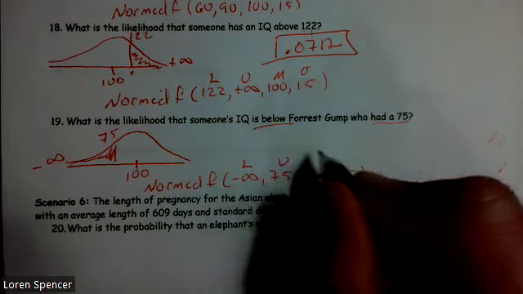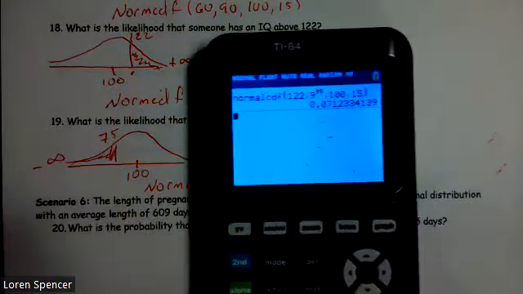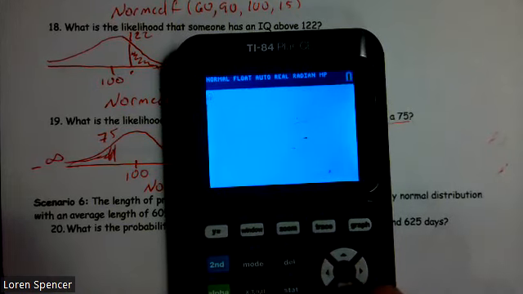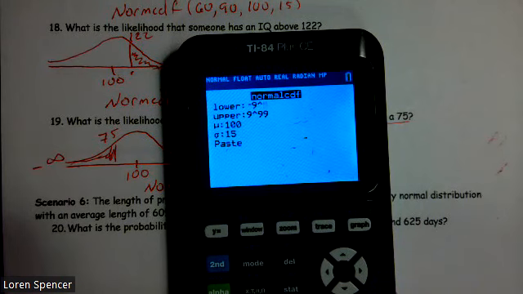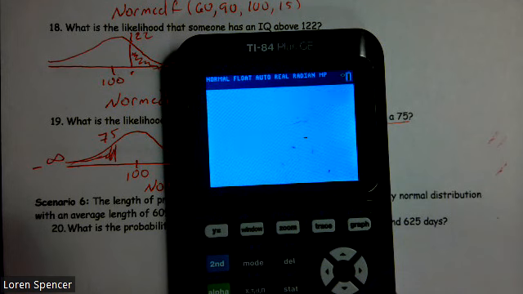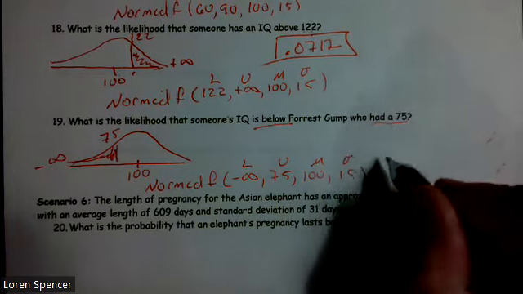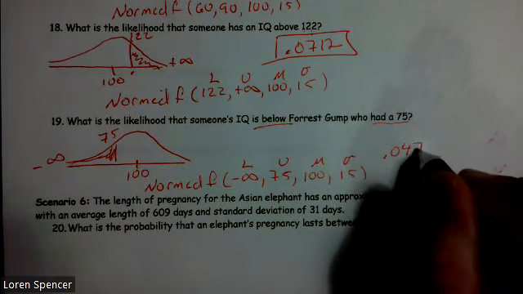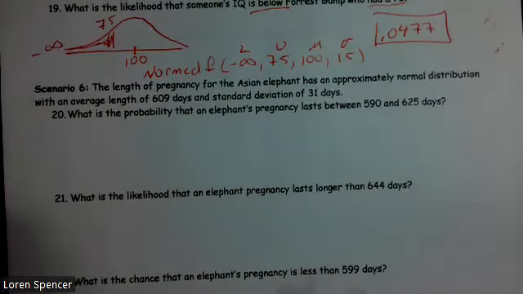So lower, upper, mu, standard deviation. Second vars, normal CDF, negative 9 raised to the 99th, because that's my lower infinity. My upper was 75, mean of 100, standard deviation of 15. Paste that in there. And we find out that about 5% of the population, so 0.0477. Okay, that takes care of scenario 5.